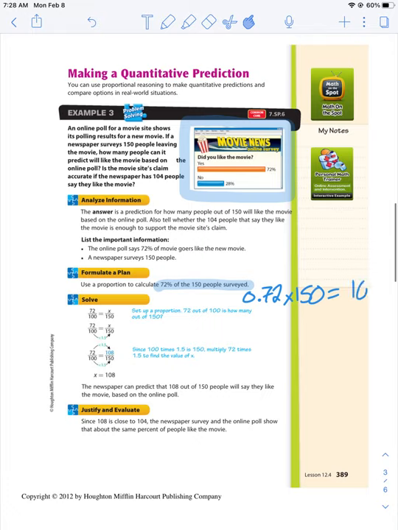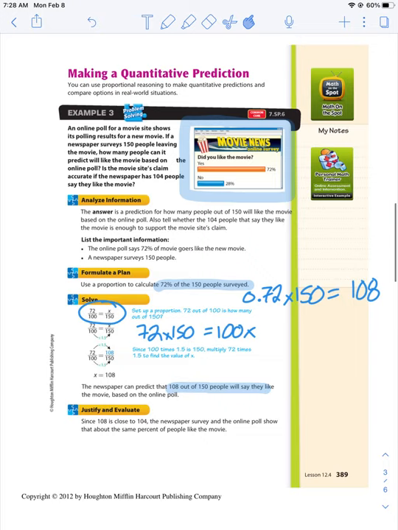And we get 108. So yes, you could set up the proportion 72 over 100 equals x over 150, cross multiply. That would be 72 times 150 equals 100x. Divide both sides by 100, you should get 108. So the newspaper can predict, highlight this again, 108 out of 150 people will say they like the movie based on the online poll.